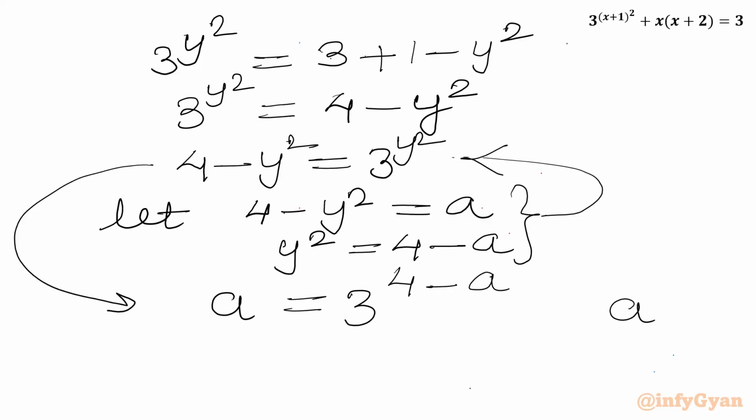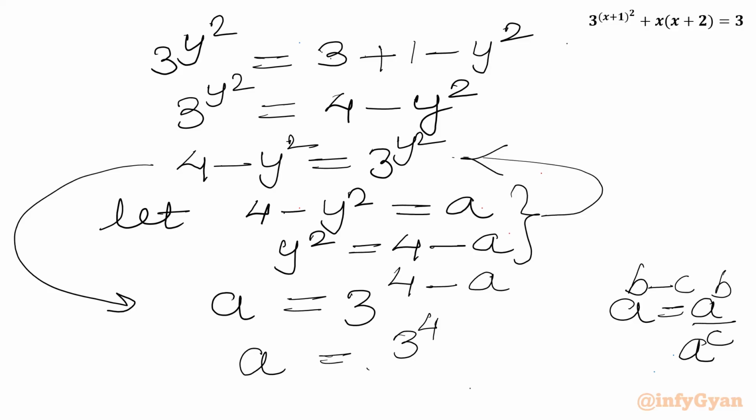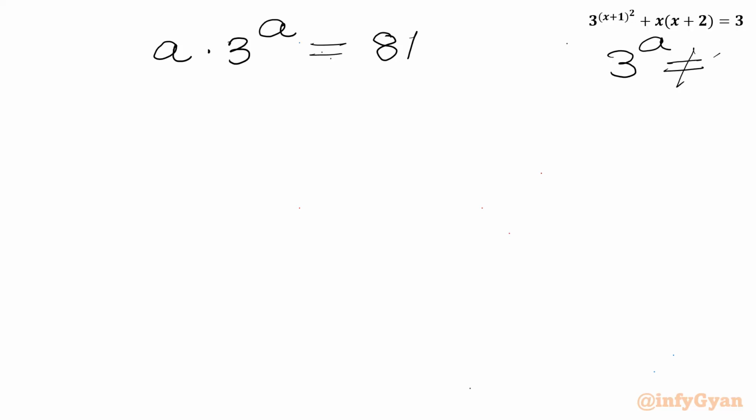Using exponent property, a power b minus c is equal to a power b over a power c, I can write a will be equal to 3 power 4 over 3 power a. Or I can write a times 3 power a equal to 3 power 4. It will be 81. As we know, 3 power a cannot be 0.